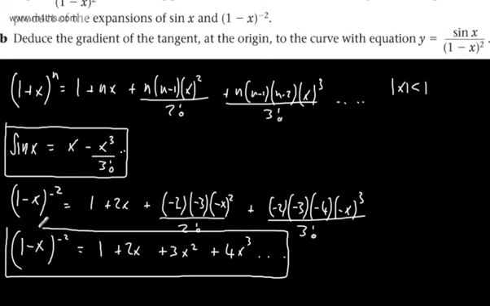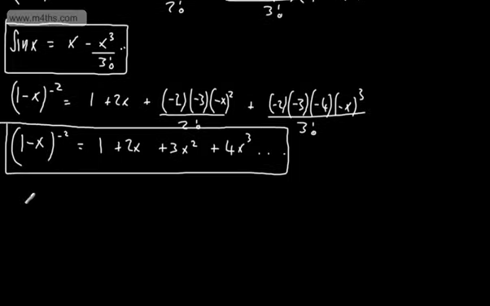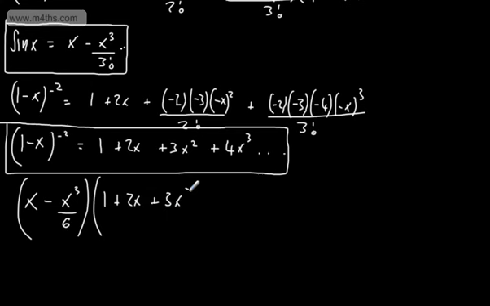So all we're interested in now are finding terms up to and including x to the fourth. So we're going to multiply these. Multiplying sin x by (1 minus x) to the minus 2 will give me x minus x cubed over 3 factorial, and 3 factorial is 6, multiplied by 1 plus 2x plus 3x squared plus 4x cubed.